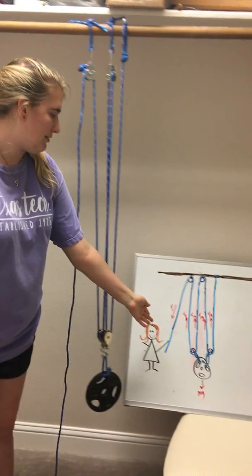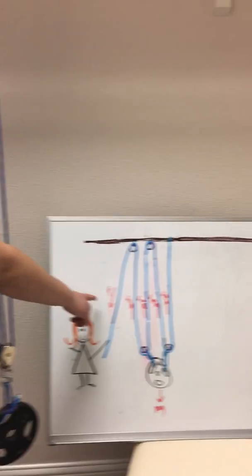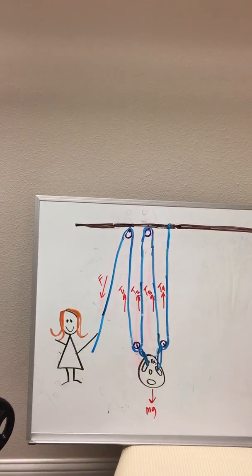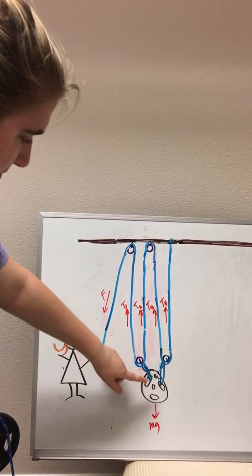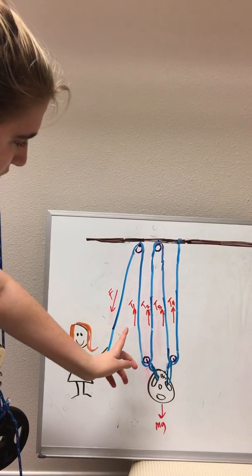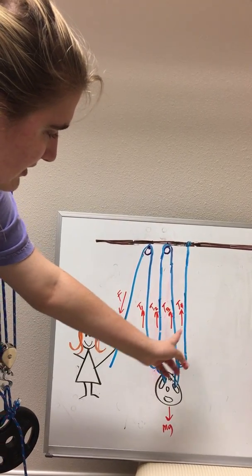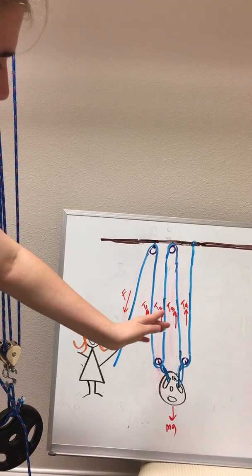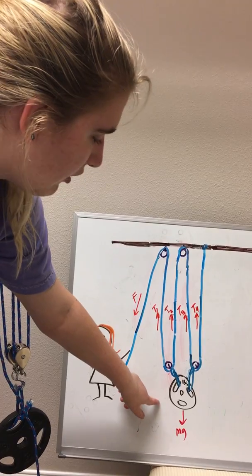Here in my diagram of my pulley, I have it shown that when I pull down with a force on this rope, the mass that I have hanging from the pulleys, the weight of that, is equal to the tension displayed in the 4 ropes that are attached to it, and they are divided up equally to equal the same amount as the force due to gravity on the weight.